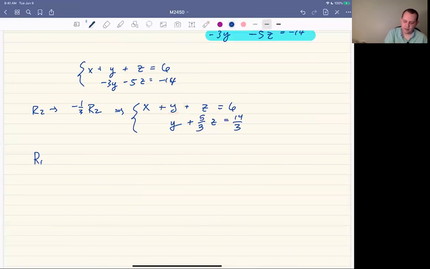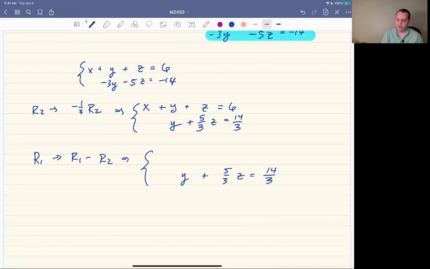If we replace row 1 with row 1 minus row 2, row 2 stays the same: y plus 5/3 z equals 14/3. The top equation is going to be x, because here I have a 0x, and any multiple of that is still 0. Then we add that to row 1.